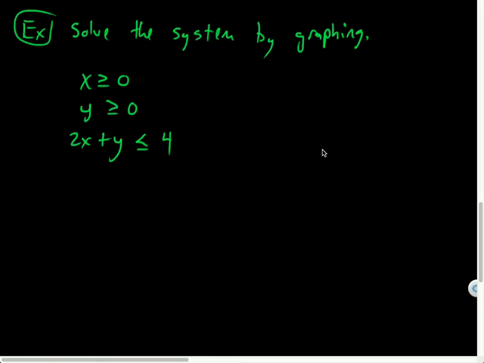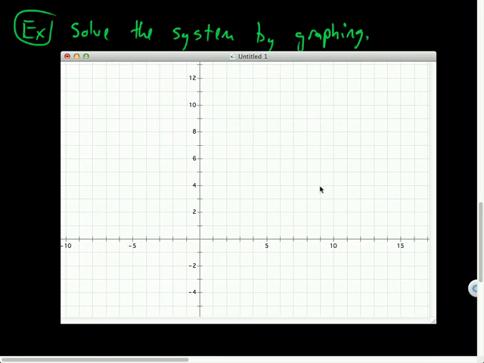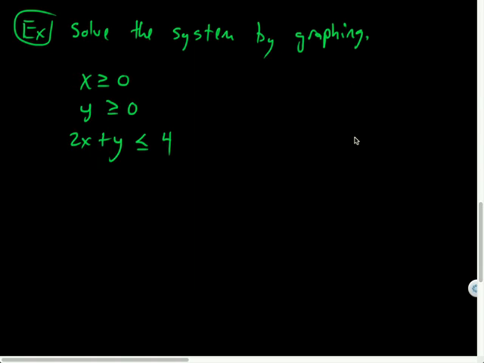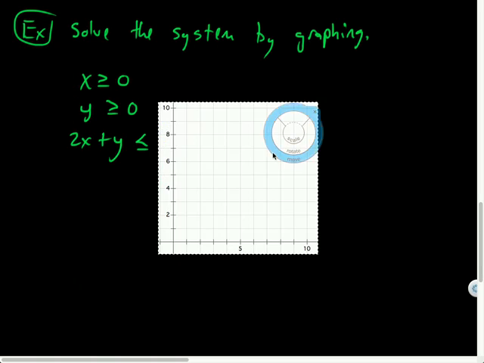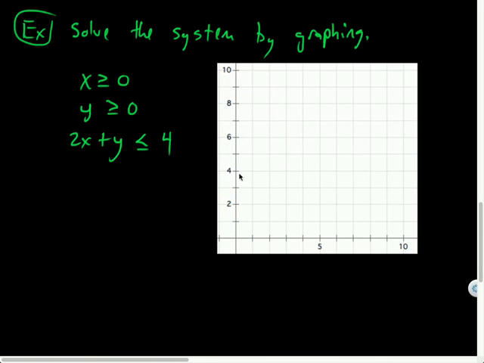If I want to solve this by graphing, I'm going to get a little grid here. Because x and y are both greater than 0, I'm going to be in the first quadrant only. So that's why I'm choosing that as my area of focus for my window.